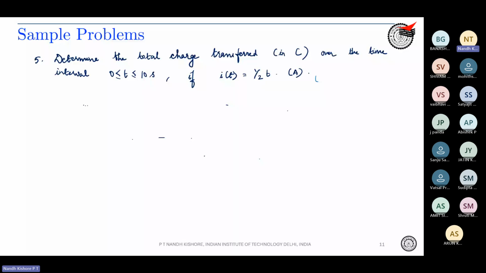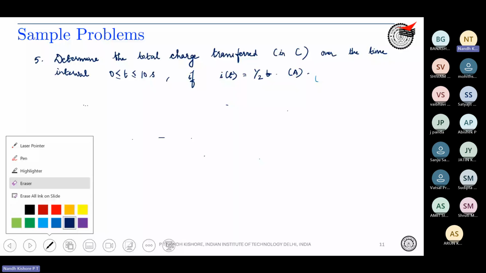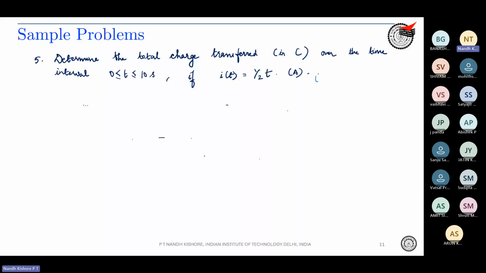So the profile of I of t is given. That is how your current is going to vary with time. It is given that I of t is half t. So what will you do?